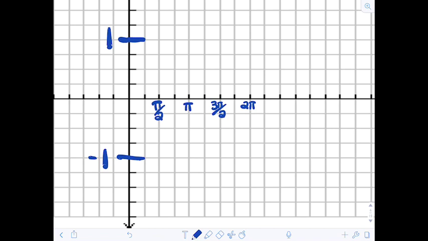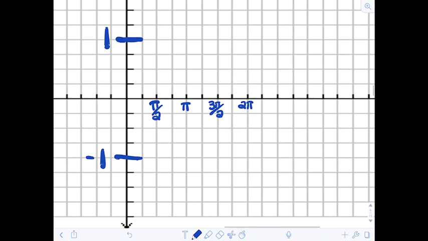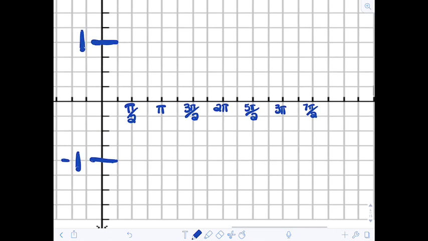So that's going to be one cycle, but I'm going to keep going again. So 9 pi over 4, 10 pi over 4, which is going to be 5 pi over 2, 11 pi over 4, 12 pi over 4, or 3 pi, 13 pi over 4, 14 pi over 4, or 7 pi over 2, 15 pi over 4, 16 pi over 4, which is 4 pi.